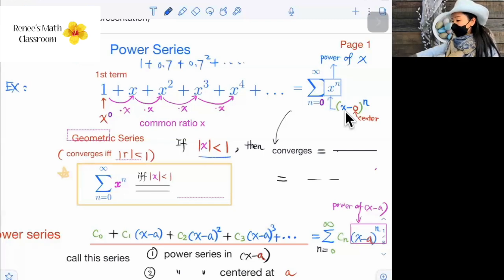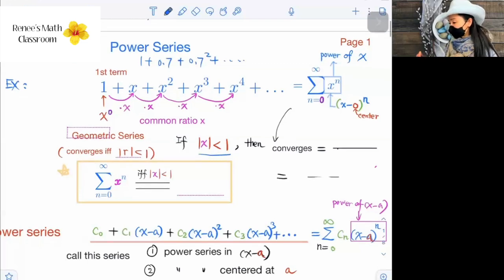And we actually know what it converges to, right? For a geometric series, we know if it converges and what it converges to. Do you remember? A over 1 minus r. The a here is better remembered as the first term. Yeah, you got it.